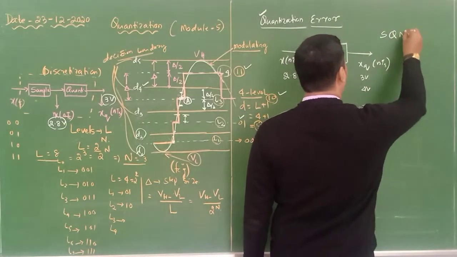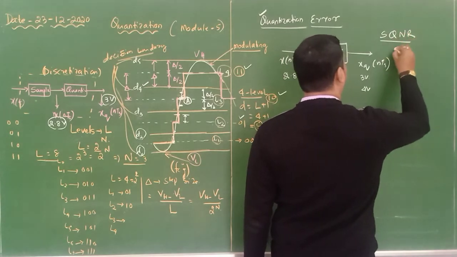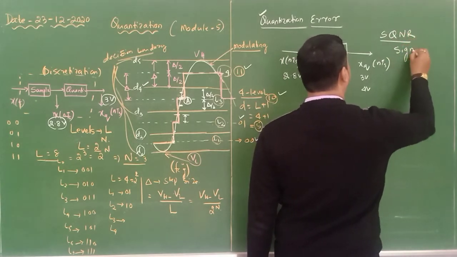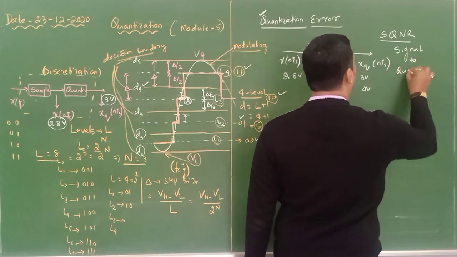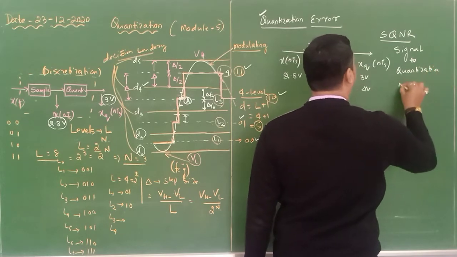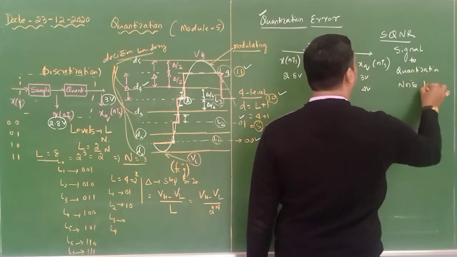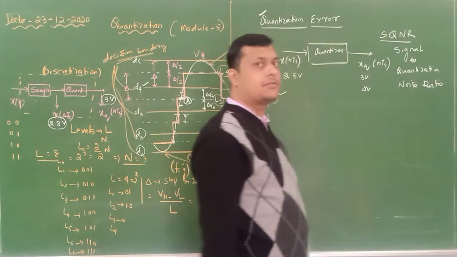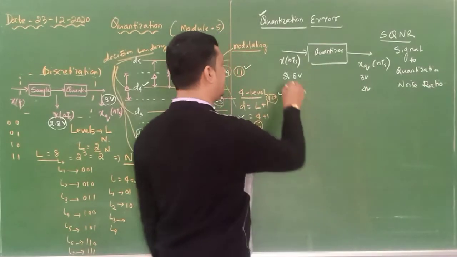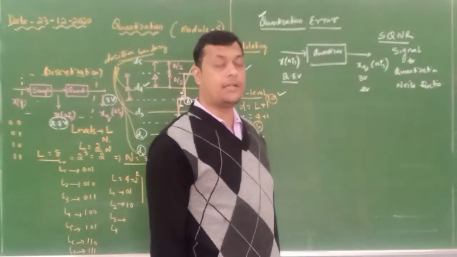SQNR. What is SQNR? It is signal to quantization noise ratio. Here, which one is the signal? The signal is this. Which one is the quantization error?